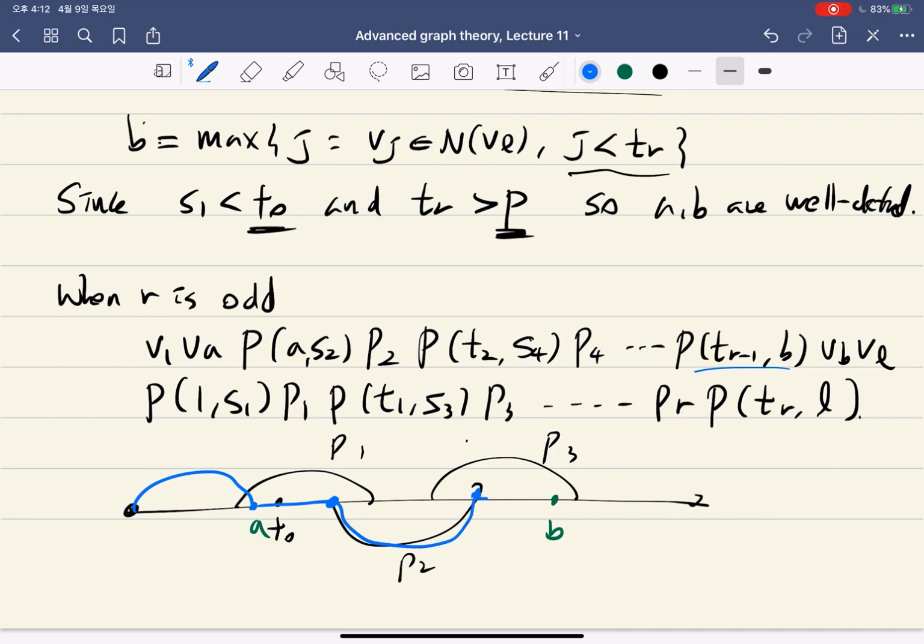And then you take this and this. This is one path. And the next path is 1 to S1 and take P1. And then T1 to S3. And then P3 up until PR. And then once you arrive at this TR, then you take it to L. Then you get this cycle.